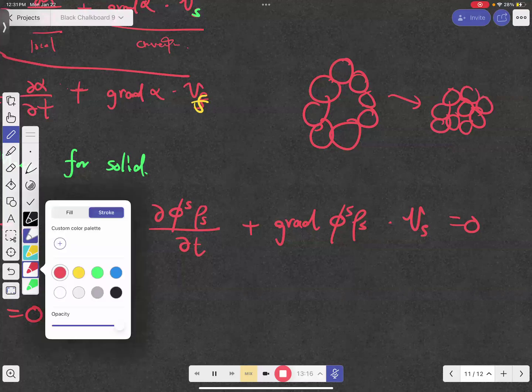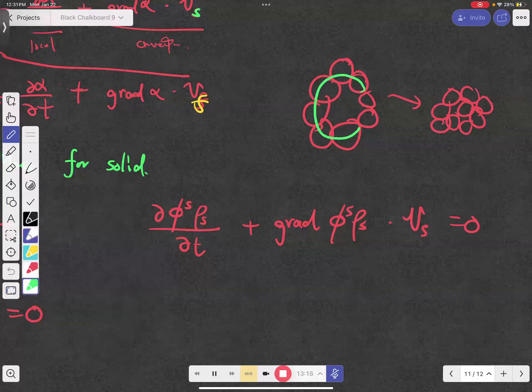So if I look at the skeleton, it is getting smaller, but the individual particles are incompressible. So the partial density of the solid is changing, but the intrinsic density is fixed. Does that make sense?